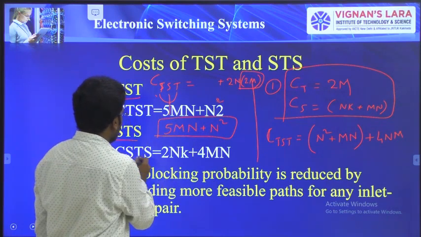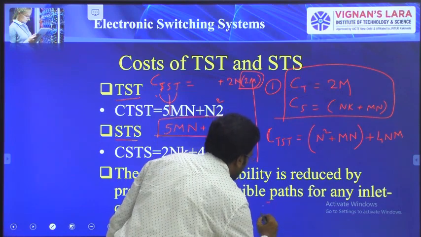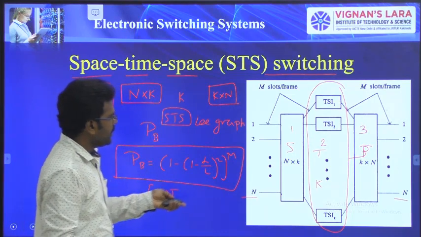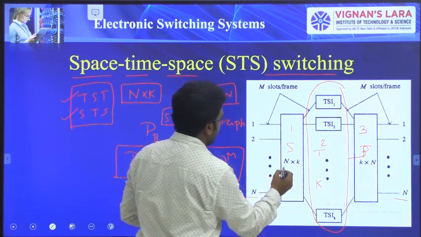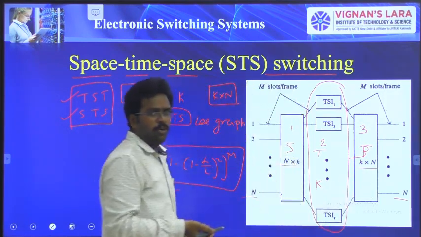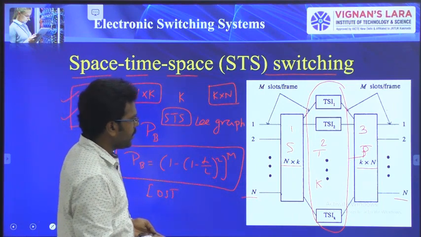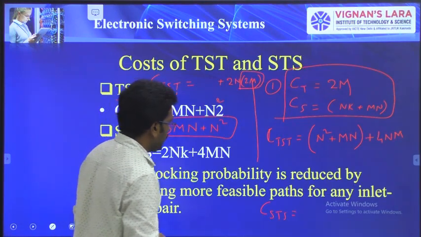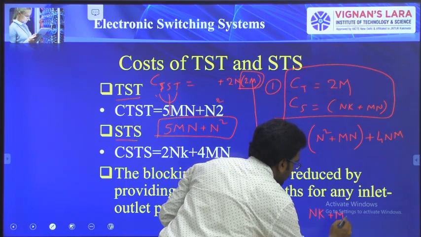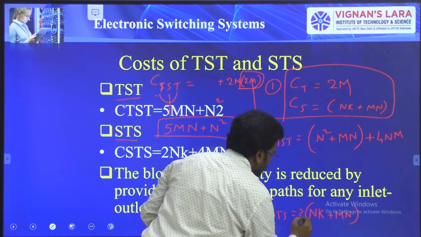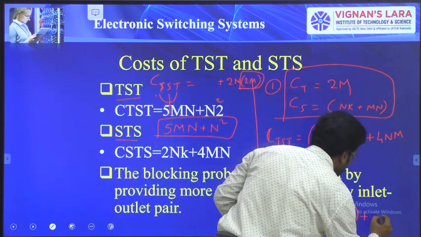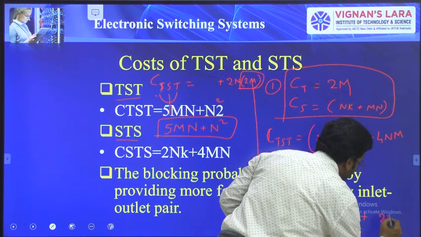Now coming to C_STS. How many are there here? In the case of STS, we have N cross K at the inlet side and K cross N at the output side. Therefore, the total cost of the switch is (NK plus MN) into 2, plus it has only one time switch, so 2MN.